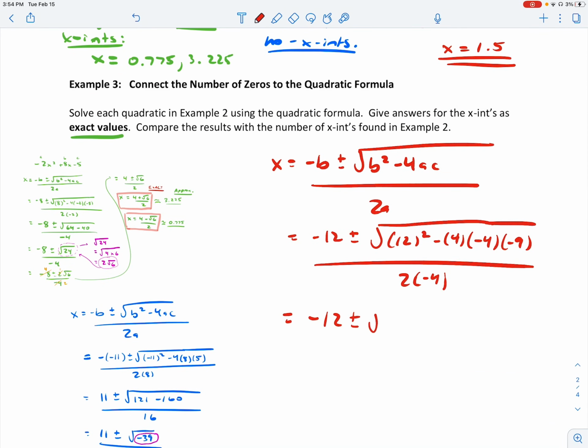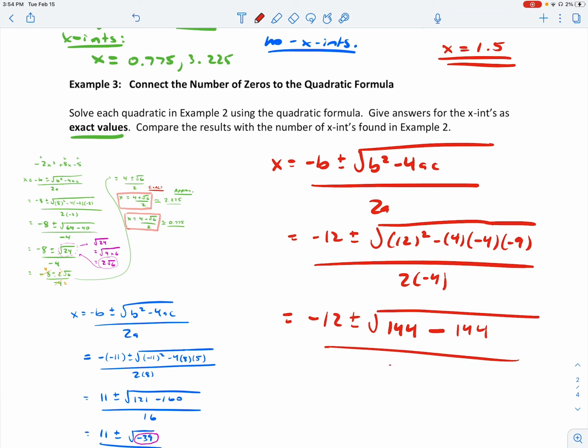Negative 12 plus or minus the square root of 12 squared, which is 144, minus. We have 3 negatives, so we get a negative answer. Then 4 times 4 is 16, and 16 times 9 is 144.